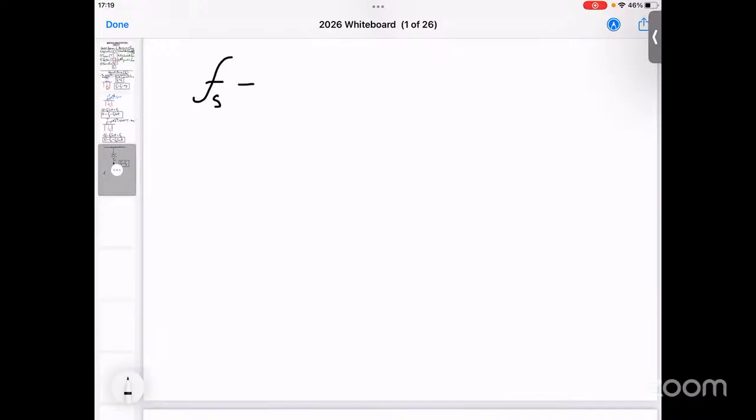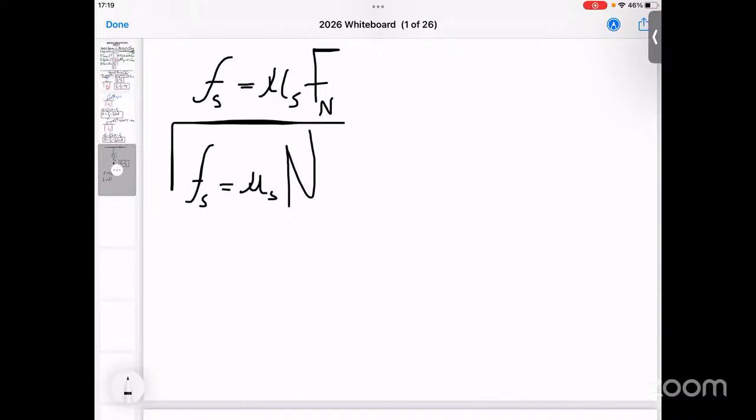Whereby the formula remains that thing that is called mu. So we say mu s, which we multiply by the normal force. Sometimes it can be written as mu s and then a capital letter N. So the frictional force will be the calculation of that mu multiplied by the normal force. And when it comes to the kinetic frictional force, that will be Fk.